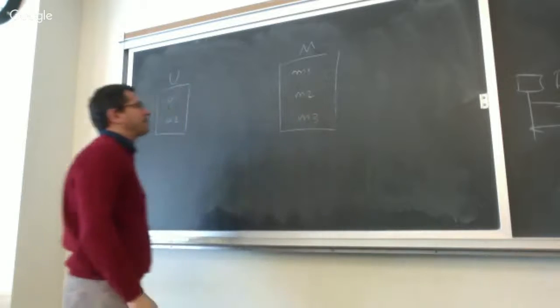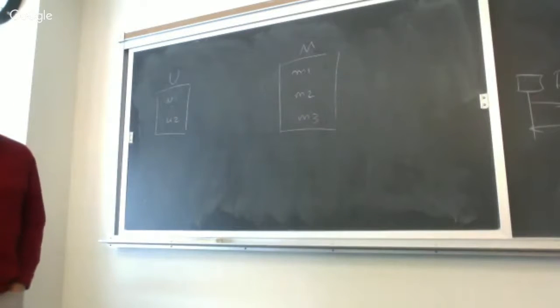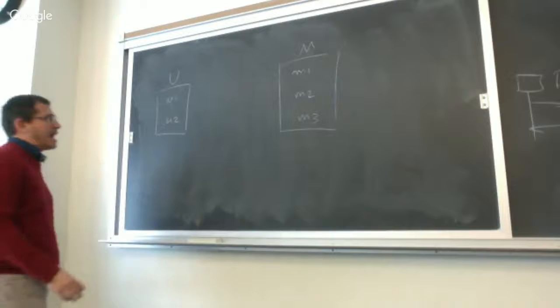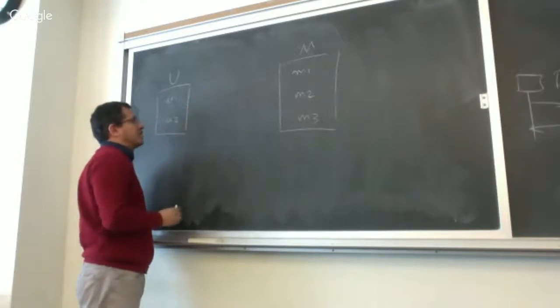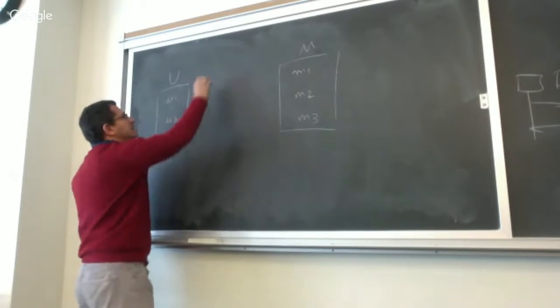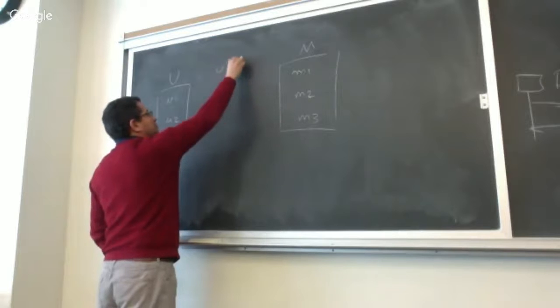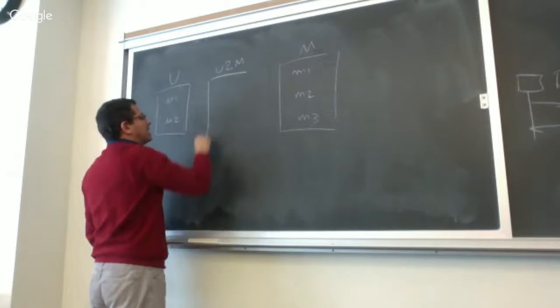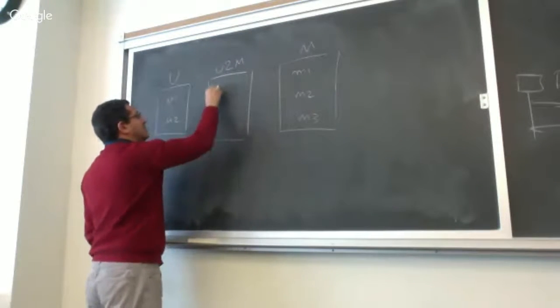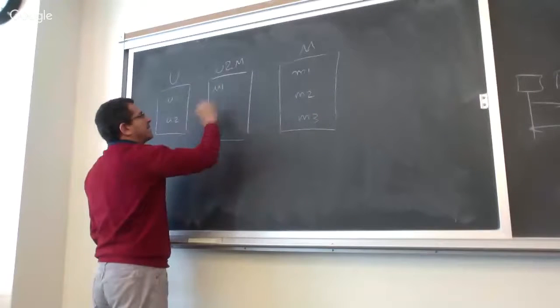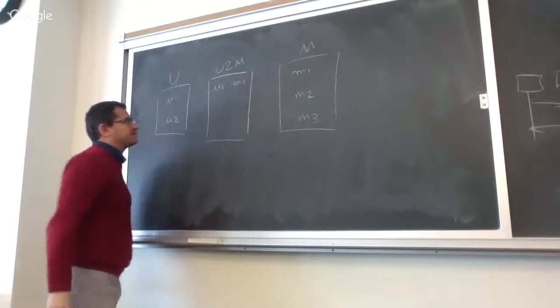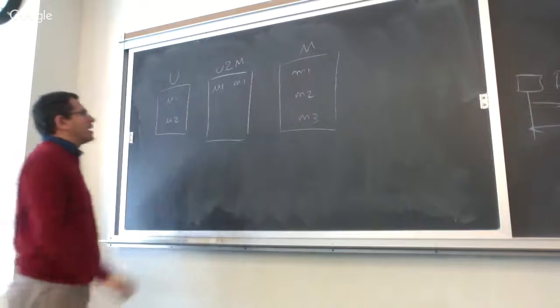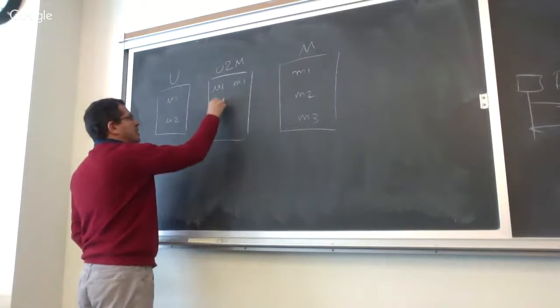Okay, so the classical way of capturing relationships between these two is to have in between a mapping table, right? Something like a user to movie mapping table that keeps information such as user 1 likes movie 1. Okay, user 1 also likes movie 2.